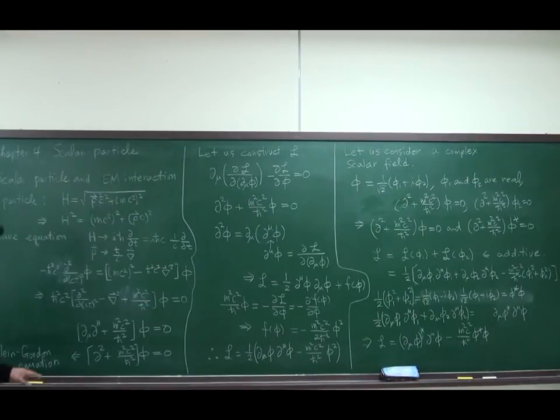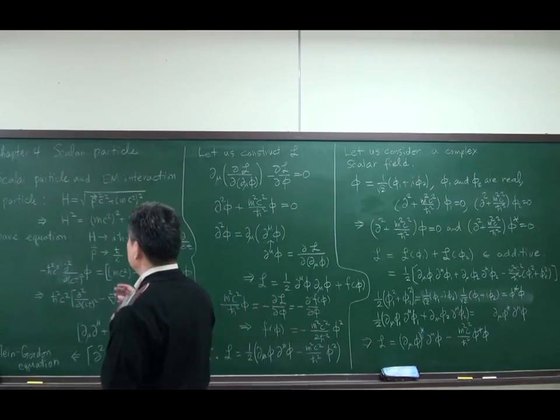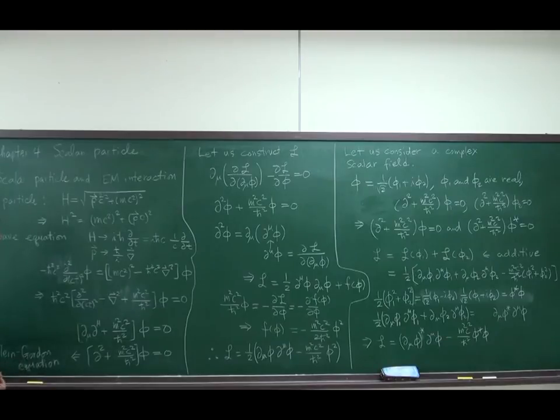If we want to introduce the electromagnetic interaction, we learned that we have to replace the usual derivative with the gauge covariant derivative. Actually, that is complex.